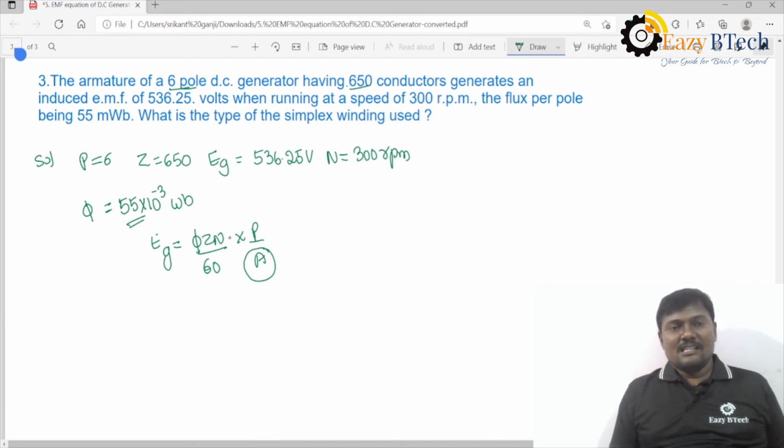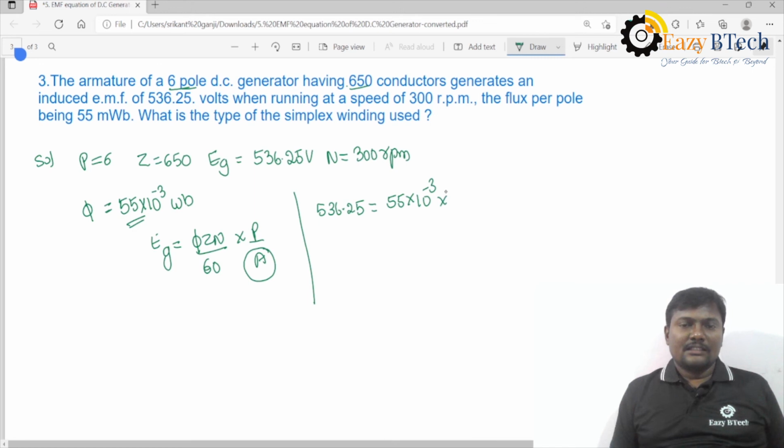Check whether it is lap winding or wave winding by solving this problem. If A is equal to the number of poles, then we can say that it is a lap winding. If A is equal to 2, then we can say that it is a wave winding. What is Eg? 536.25.